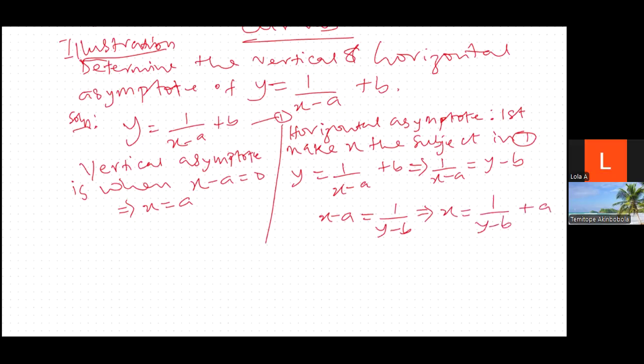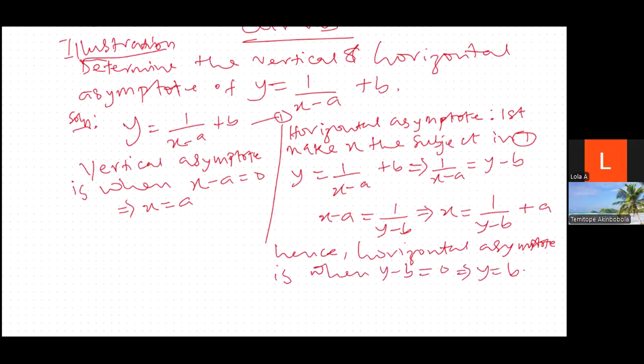So I've made x the subject now. So the horizontal asymptote is when y minus b equals 0, which implies that y equals b. Hope that is clear.